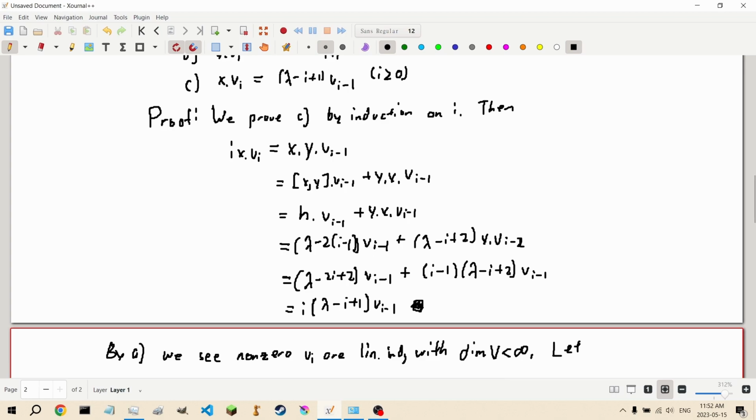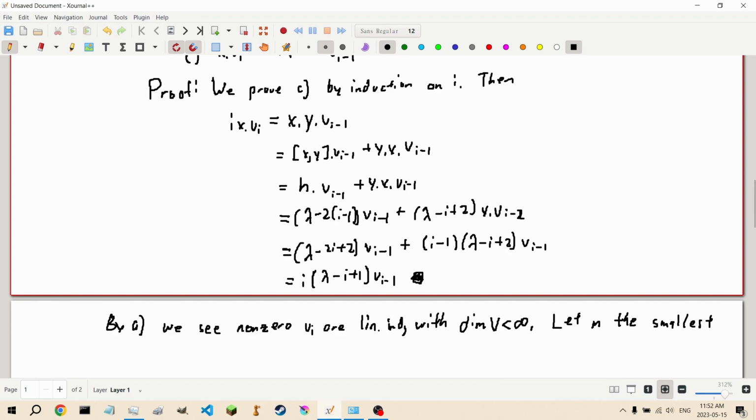So we're going to let m be the smallest integer such that v_m is non-zero and v_{m+1} is 0, so that every v beyond m is then going to be 0.